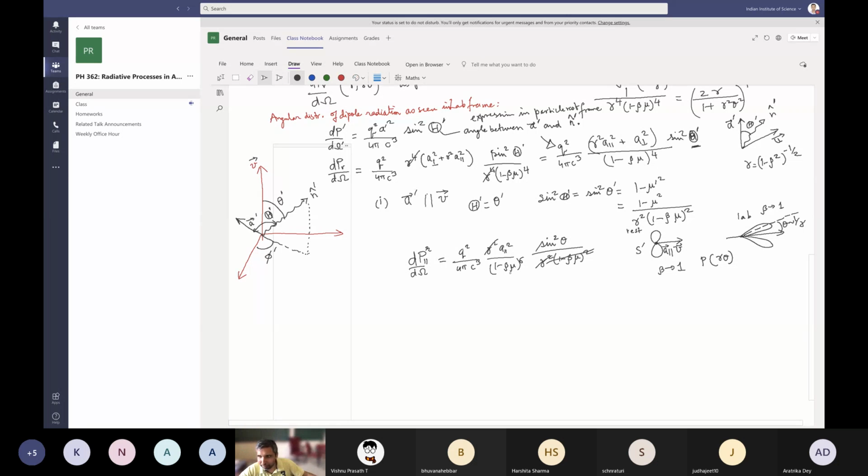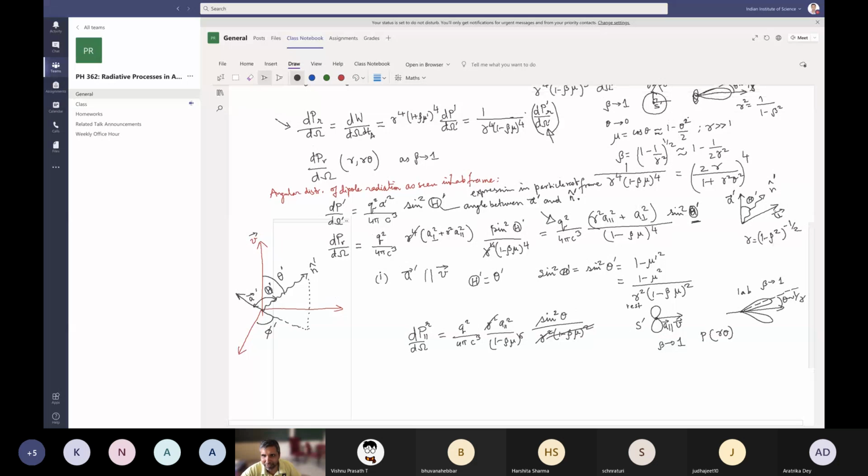You will see that for theta equal to 0, you get 0, but this again is forward beamed to almost the same solid angle that we motivated last time. Let's see. So let me actually just write down. We did this manipulation previously, right? Where we showed this, for the ultra relativistic limit where beta goes to 1.